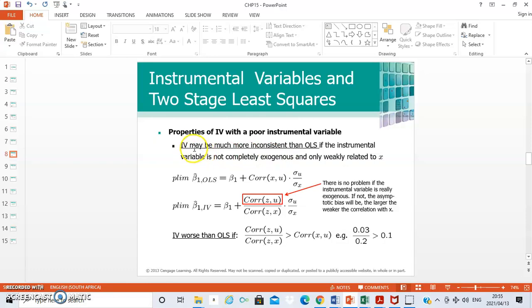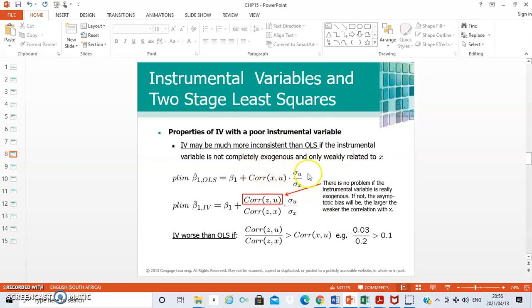What we're trying to say is that the instrumental variable estimator might be much more inconsistent than OLS if the instrumental variable is not completely exogenous and only weakly related to X. For example, in our example here, if the father's education is weakly related to the education of the child, it indicates that this variable is not even completely exogenous, and so that will introduce the problem of endogeneity.